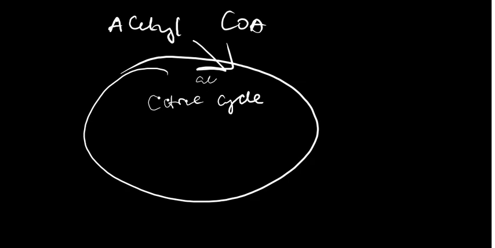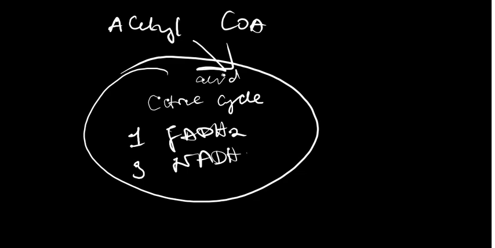It enters the citric acid cycle, and in this citric acid cycle we have 1 molecule of FADH, but we have 3 molecules of NADH2 that are actually produced, and from this you are able to calculate the number of ATP molecules that are going to be produced after these molecules enter the electron transport chain.